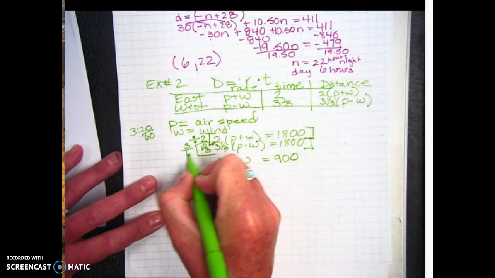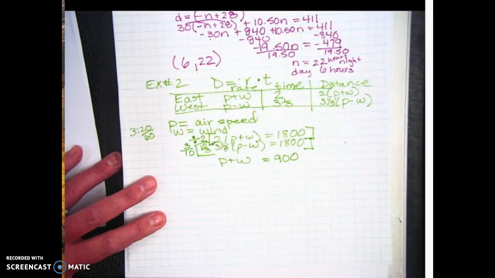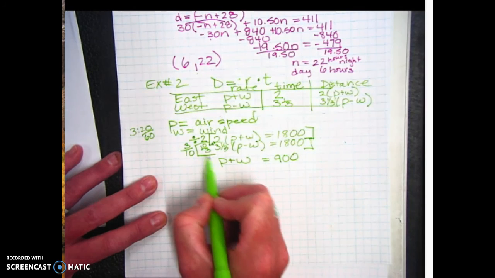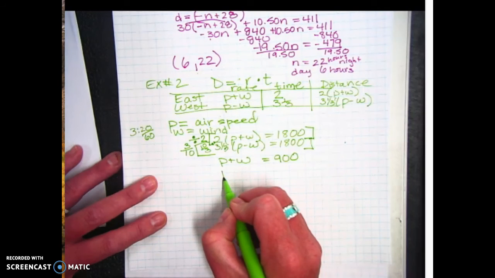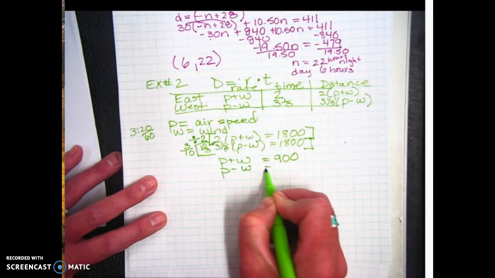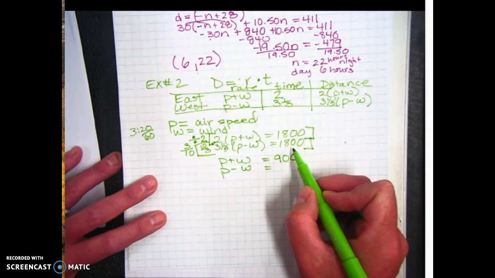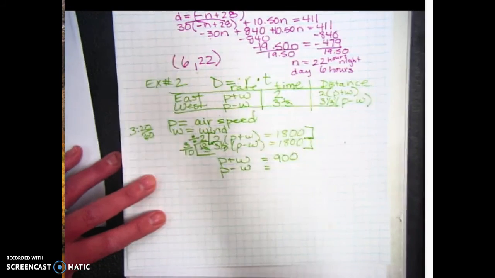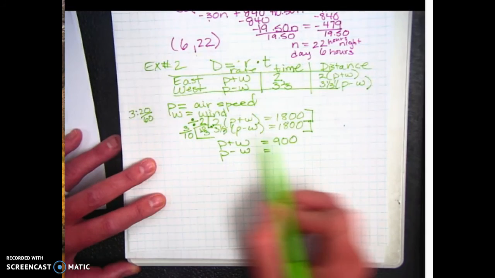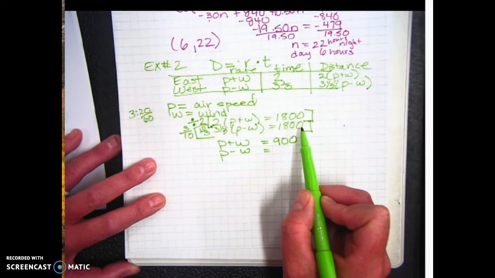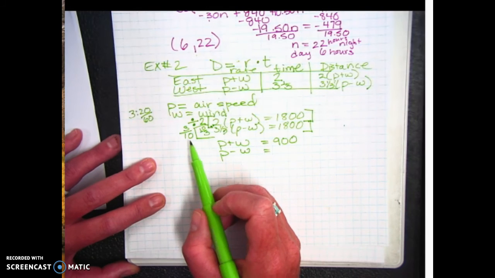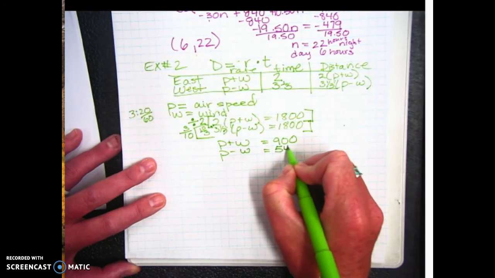We're going to multiply both sides by 3/10. Okay? Which on the left side over here cancels, and we're left with P minus W. And then this might be a little hard to do in your head, but if you do it on your calculator, it's pretty easy. You just multiply the 3 times the 1,800 and then divide by the 10. I got 540.